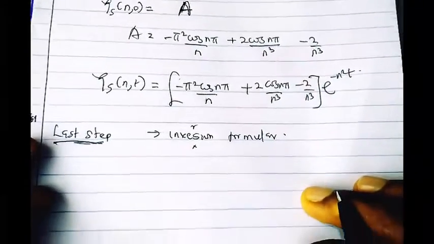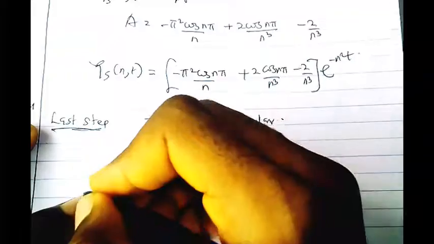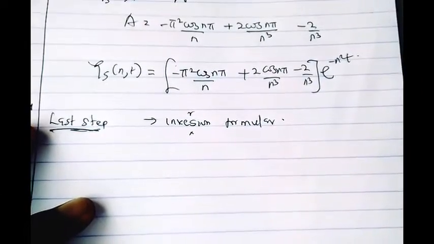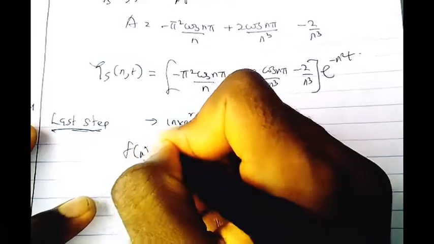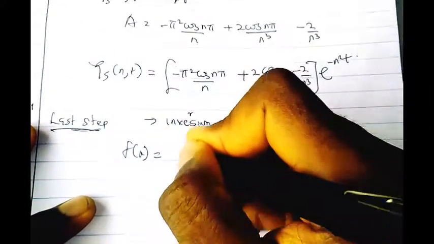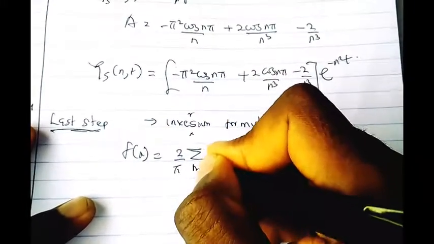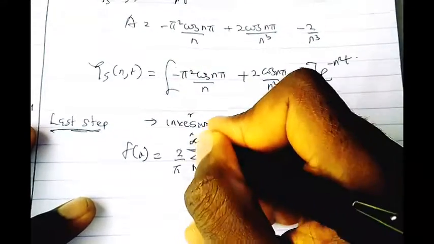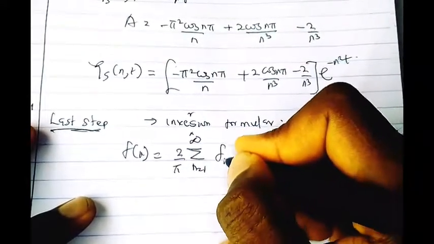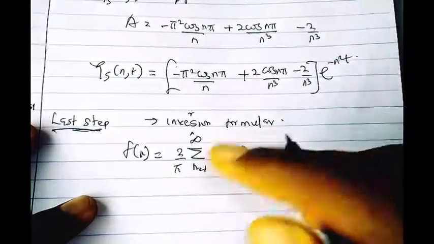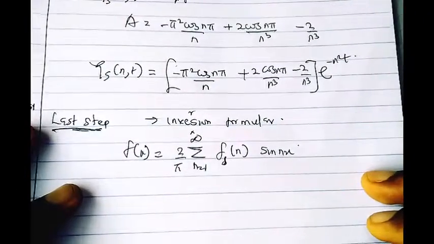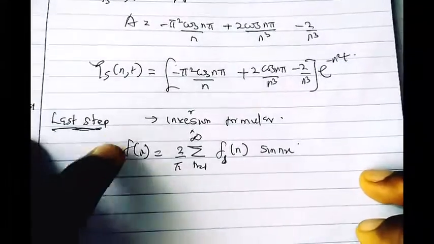Right. So the inversion formula, remember I gave you the inversion formula for a function of x. I said the inversion formula for a function of x is: function of x equals 2 over pi summation from n equals 1 to infinity of Fourier sine transform of n times sine nx, right? This is the inversion formula I gave. So in this case now our dependent variable is y, not f.